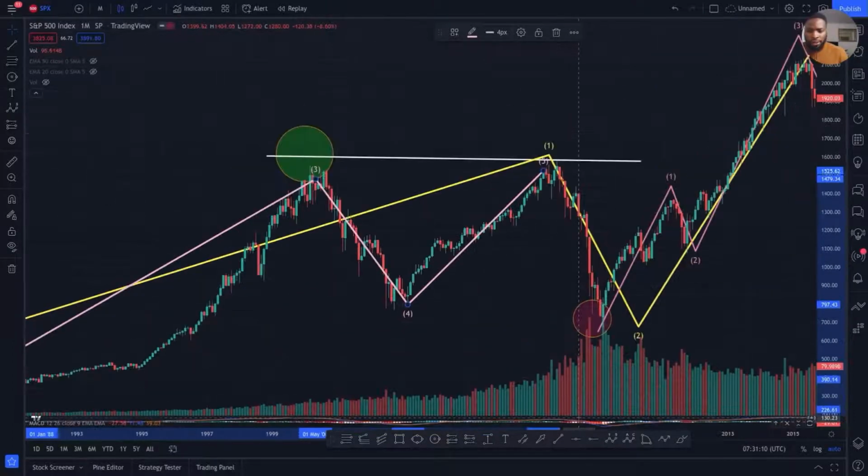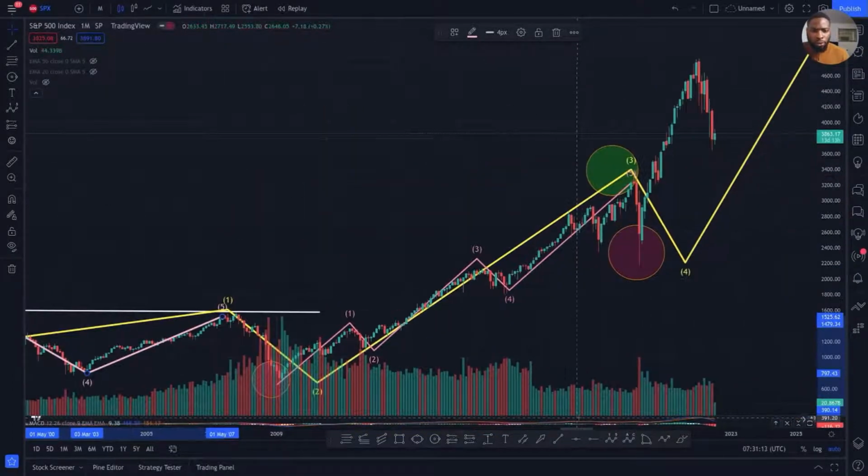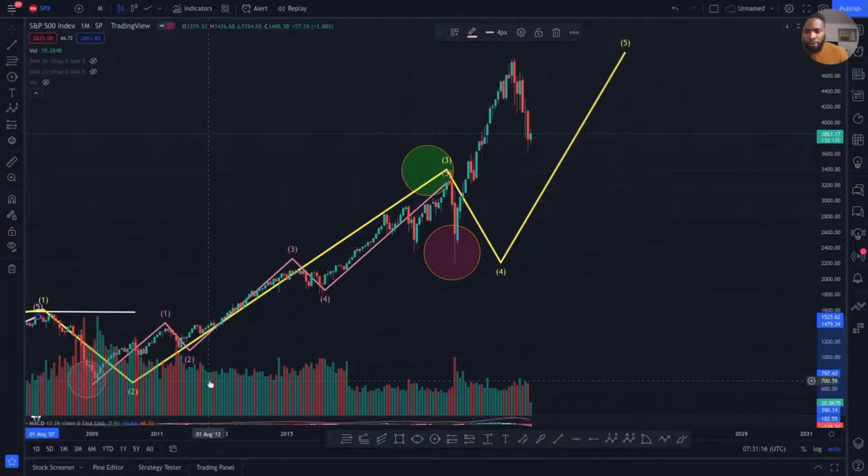So these are the third wave fractals, 1, 2, 3, 4, 5. So you usually have a repeated 5. I told you an impulsive wave has a 5-wave pattern. So this is a massive third impulsive wave. And within this third impulsive wave is also a 5-wave pattern.